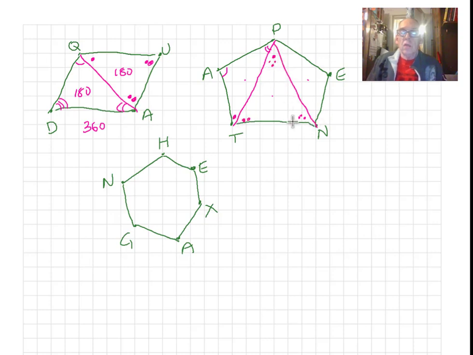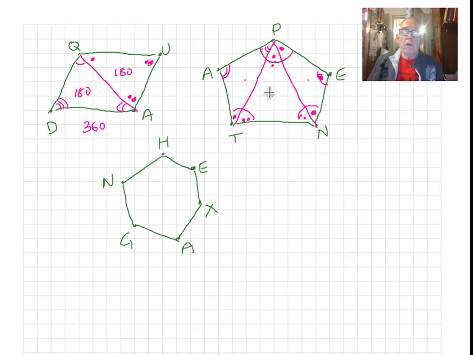Between these 3 triangles, we've got all the angles that add up to P. Here we've got angle E. Here these two give us together angle N. Those two give us T. And then we have angle A. So between these 3 triangles, all the sums of the angles will add up to all the interior angles of this pentagon.